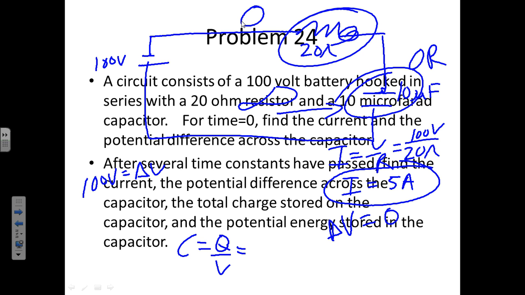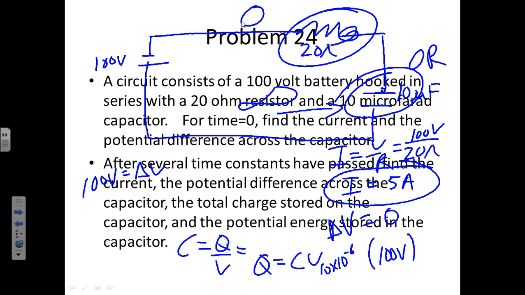So here's the thing, we're trying to find Q. So we're going to rearrange that, and we're going to say Q equals C times V. We know the voltage is 100. C is the capacitance. The capacitance is 10 microfarads. So that's 10 times 10 to the what?